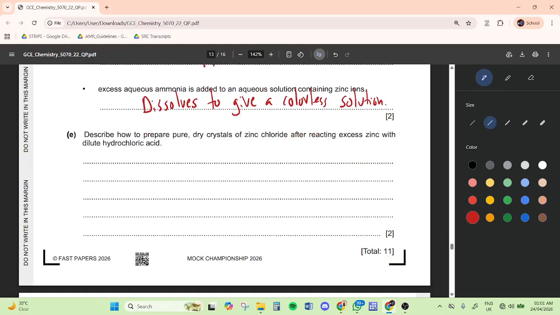Describe how to prepare pure dry crystals of zinc chloride after reacting excess zinc with dilute hydrochloric acid. So once you do all that, first of all, you're going to filter the solution to get the solids.